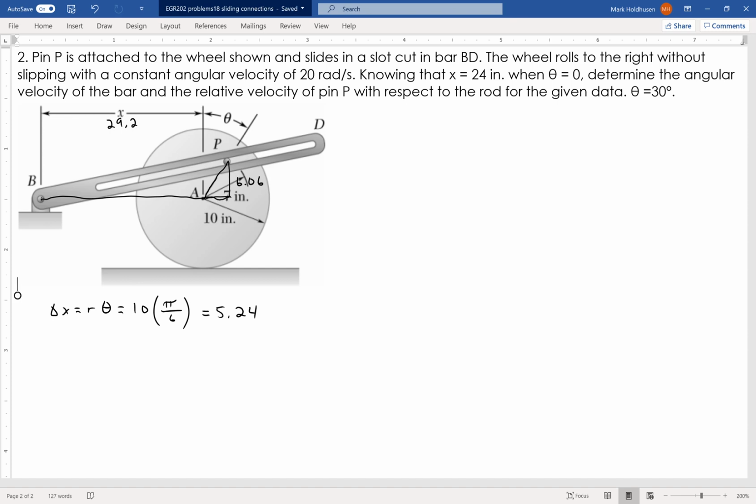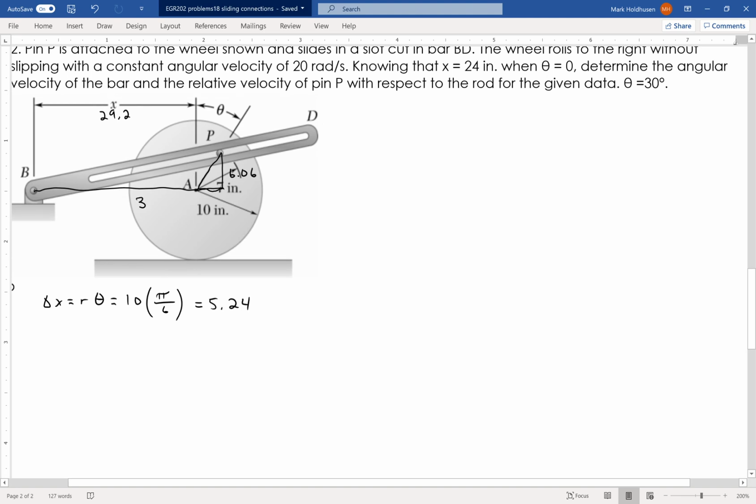Okay, so the whole thing then is 32.7, right? So there's my triangle right there. Now I can do an inverse tangent, and I can determine that this angle right here is 10.5 degrees. Okay, so hopefully you followed all of that geometry to figure this out, okay?